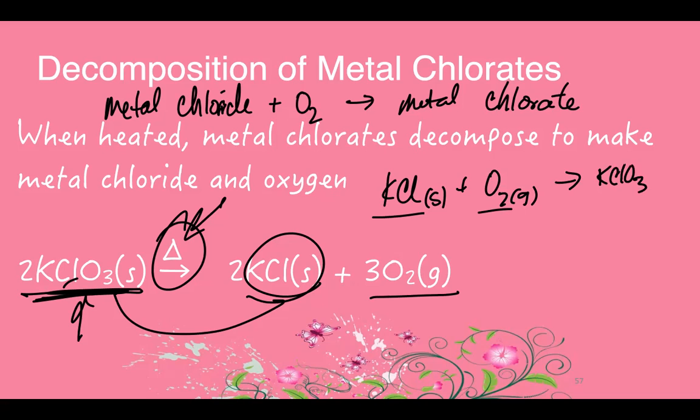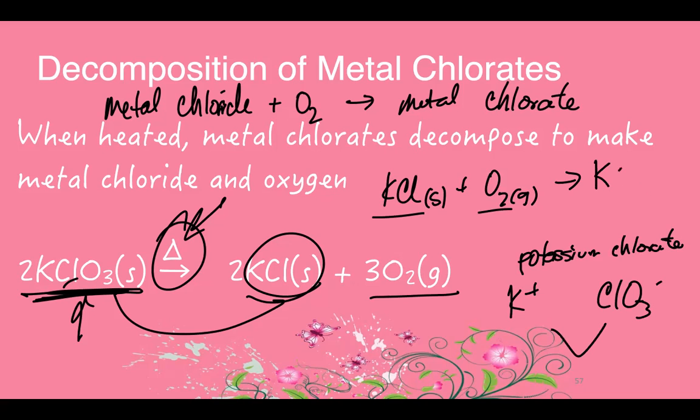What is the formula for potassium chlorate? Potassium is K plus, chlorate is ClO3 minus 1, so it's a 1-to-1 ratio, KClO3. And I don't care at the moment whether you know which state that will be. We'll deal with that later. You should be able to, by now, have oxygen as a gas for sure.